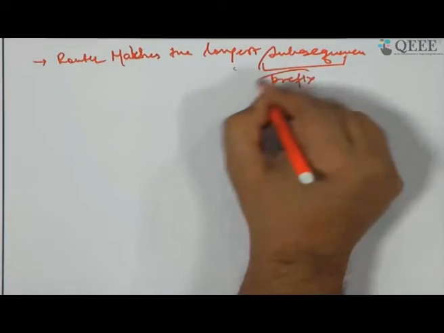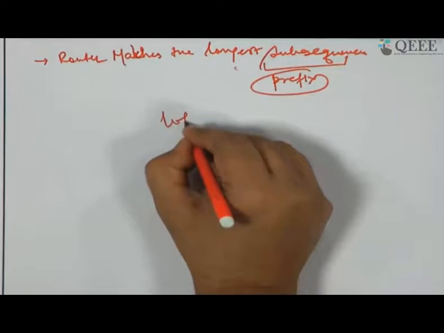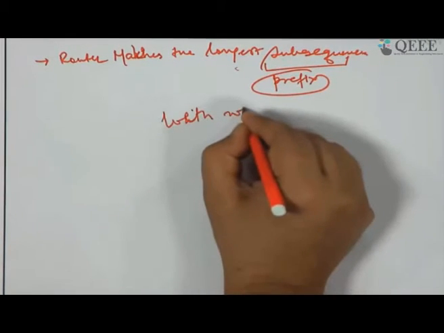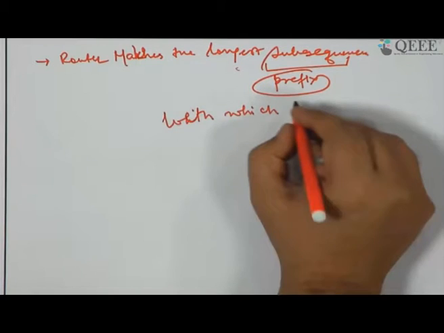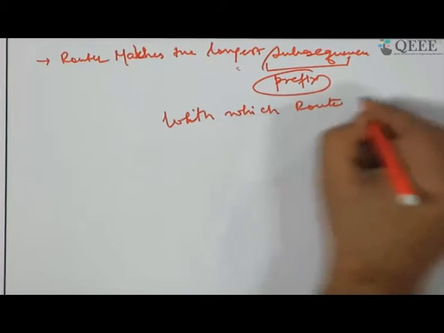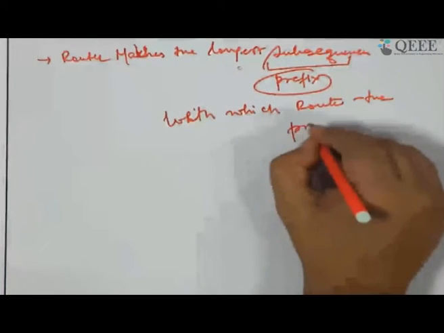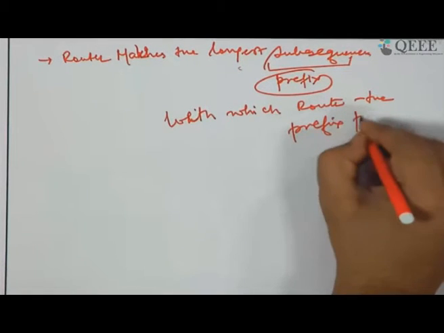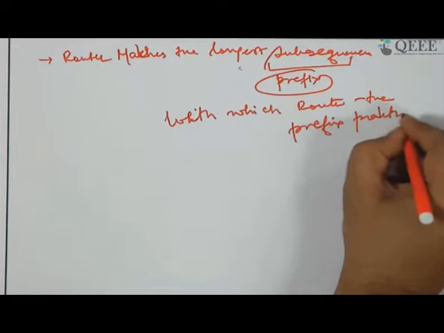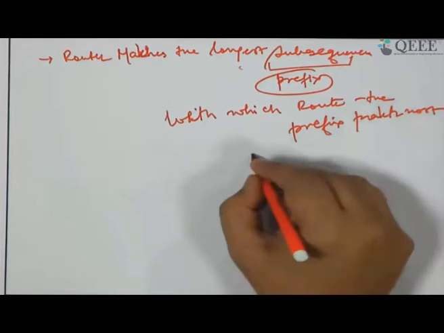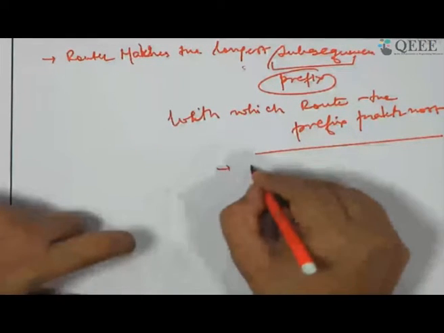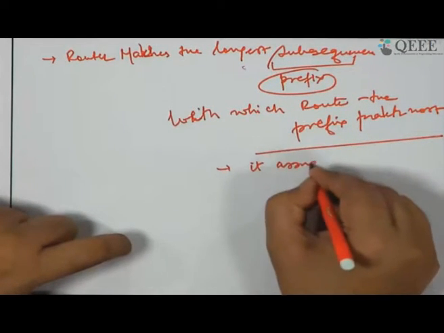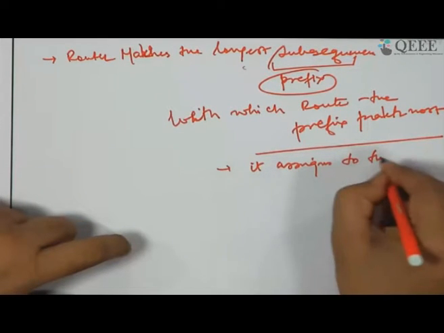So the router sees which route's prefix matches the most, and it assigns the packet to that.